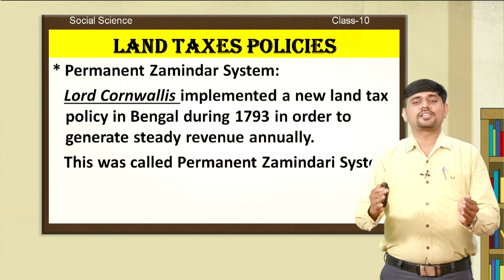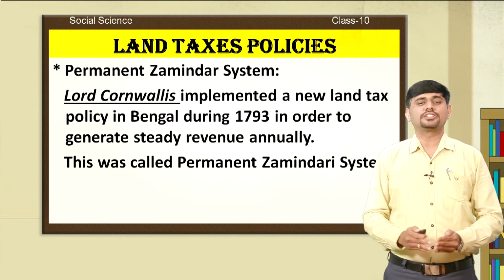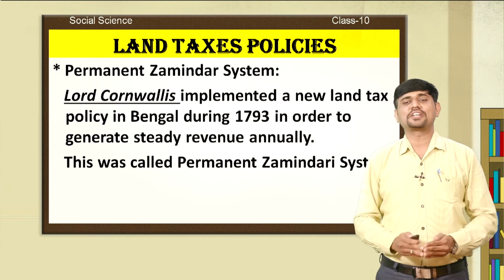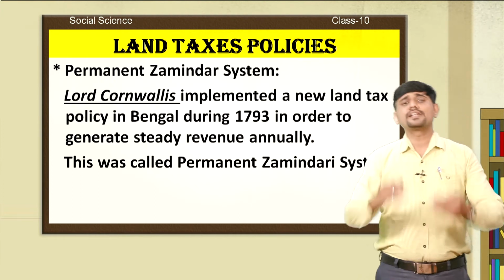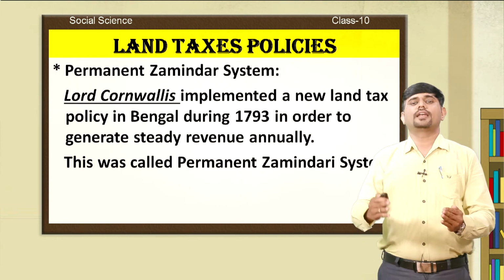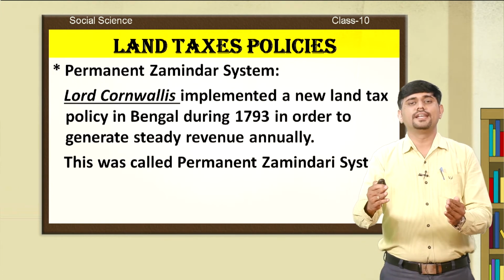Lord Cornwallis implemented a new land tax policy in Bengal during 1793 in order to generate a steady revenue annually. There was a reason behind the collection of the land revenue from the Indian provinces.